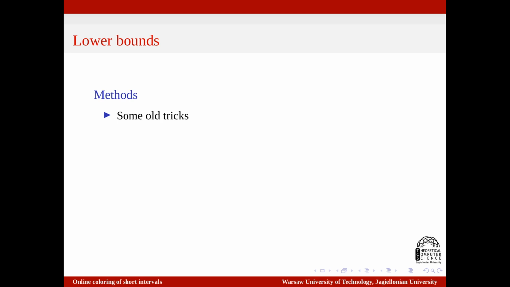So for the lower bounds, we've used all the machinery that was already there. So we've adapted proofs of lower bounds by Epstein and Levy and by Kierstead and Trotter. And especially the second proof needed some work.